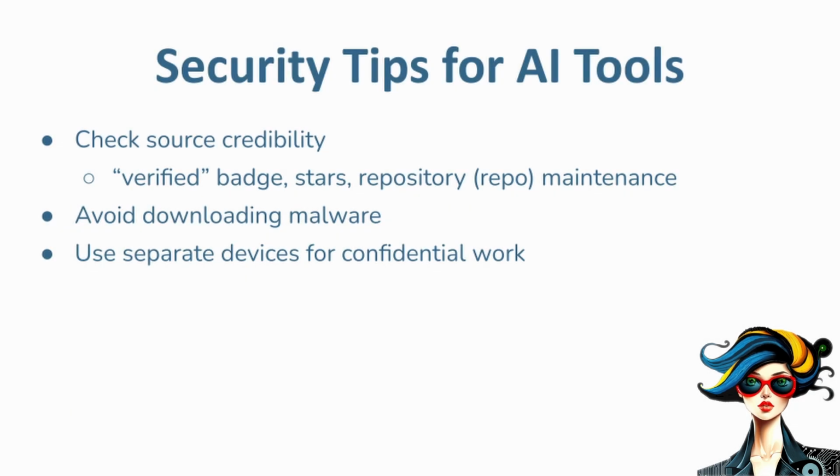Now, this doesn't mean that active and recent repositories are always malware-free. In fact, some bad actors do keep them updated to seem legit. So there's no real way of completely telling that a repository is legit unless you can check the code. So you will have to use your best judgment in this situation.